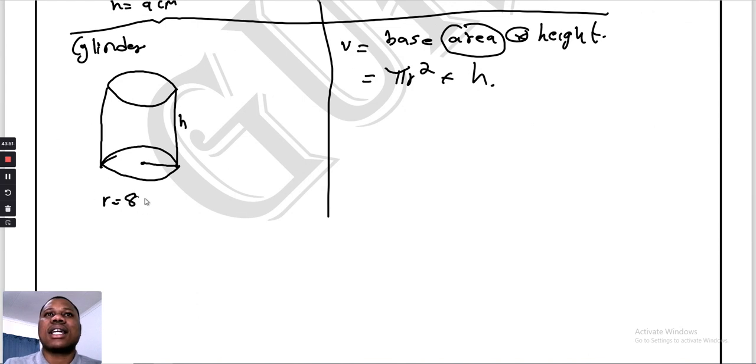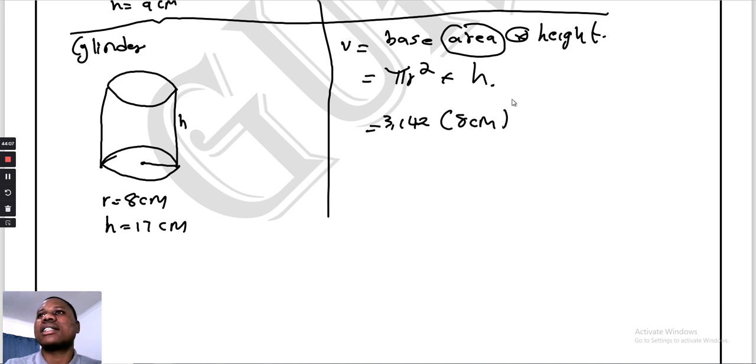The radius is 8 centimeters and the height is 17 centimeters. Therefore, how are we going to substitute? We're going to have 3.142 into brackets, our radius of 8 centimeters, to the power 2, multiplied by our height of 17 centimeters.